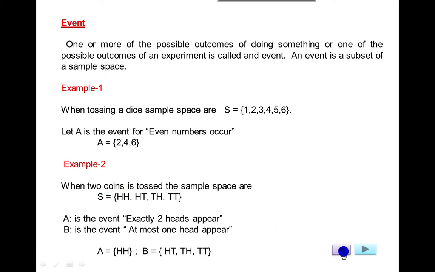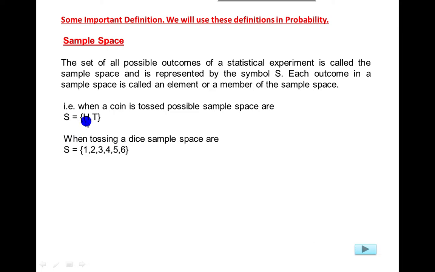Second example, if you throw a coin 2 times. If you throw a coin one time, the outcome may be head or tail. For the dice, 1, 2, 3, 4, 5, 6, there are 6 values. We use the values, not the result in text form or in actual natural form.